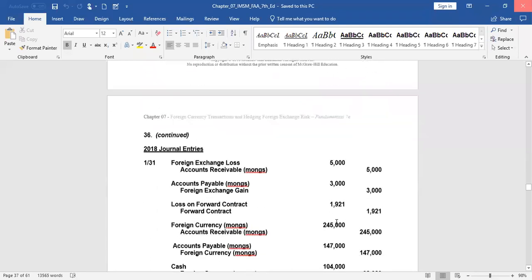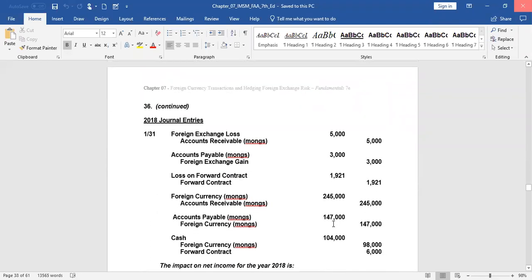Let's keep going. So what happens the day we pay back the accounts payable with mongs and we receive the mongs on accounts receivable? Well, the first thing we do, as always, is we have to write our accounts receivable up or down to the current spot rate from the end of last year to January 31st.